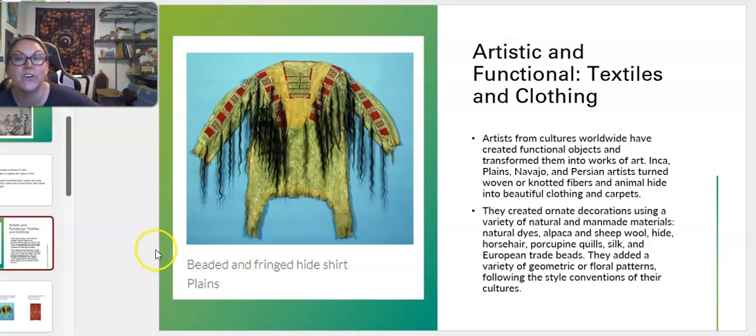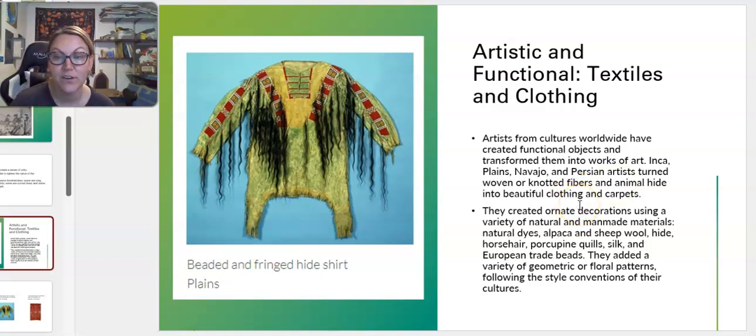Artistic and functional: textiles and clothing. Take a look at this beaded and fringed hide shirt from the Plains Indians. Artists from cultures worldwide have created functional objects and transformed them into works of art. Inca, Plains, Navajo, and Persian artists turned woven or knotted fibers and animal hide into beautiful clothing and carpets.